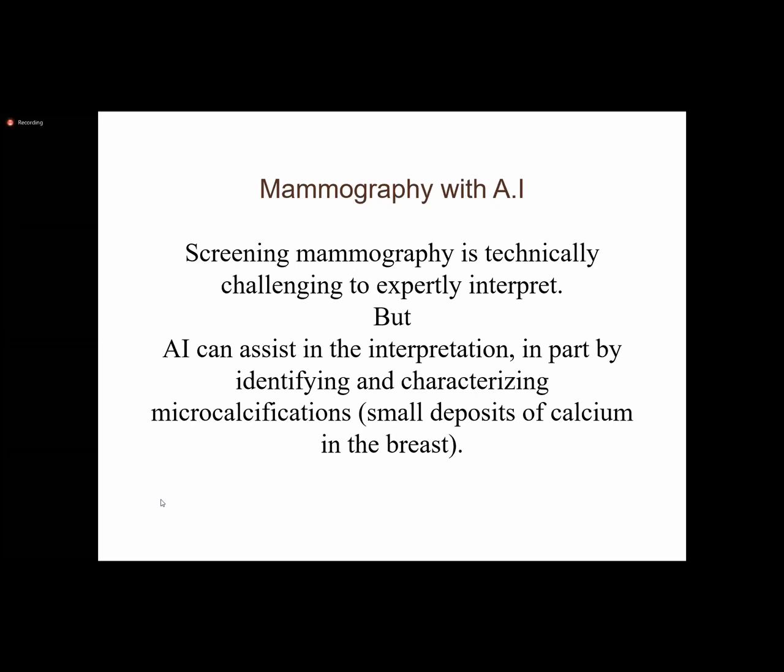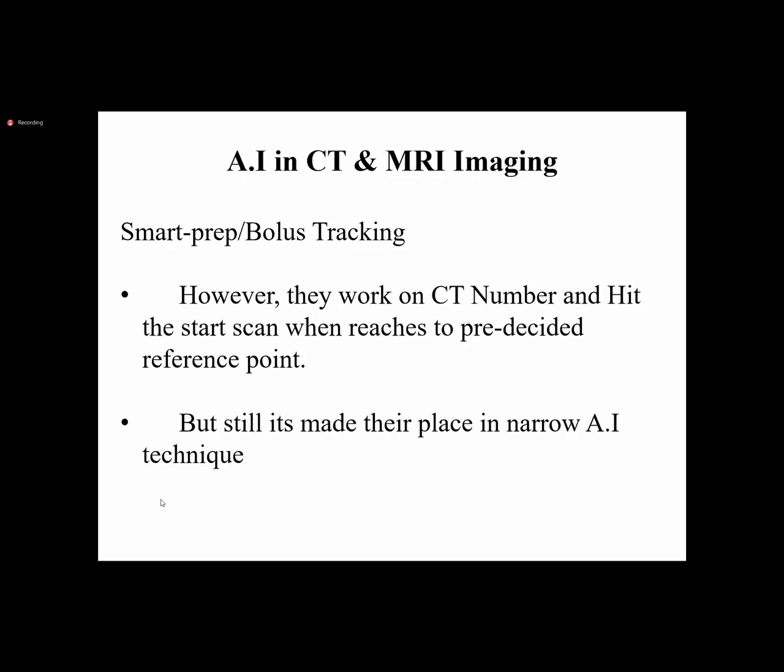Mammography with artificial intelligence also has some papers. Screening mammography is technically challenging for expert interpretation, but AI can assist in the interpretation in part by identifying and characterizing microcalcifications. AI also works with CT and MRI. In CT nowadays we are using smart prep and bolus tracking.